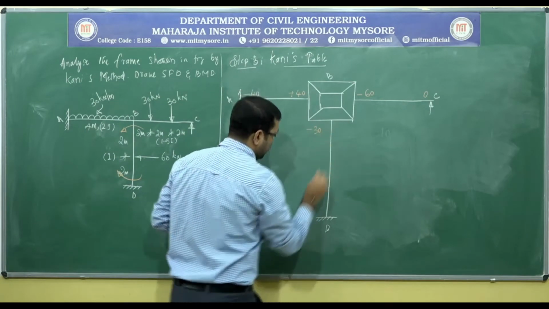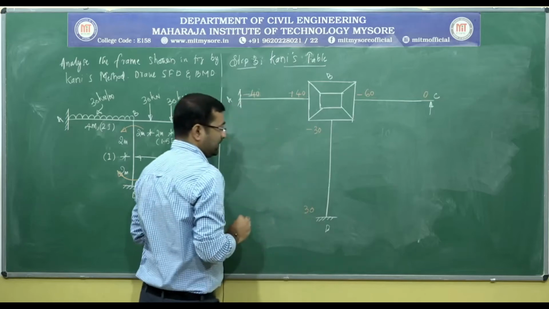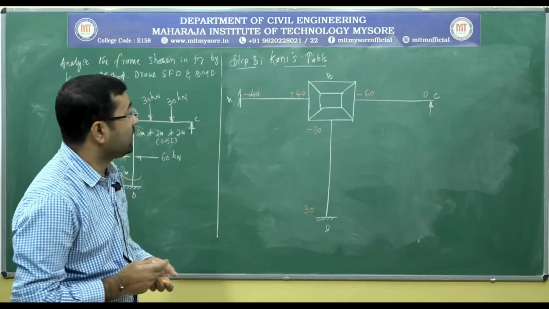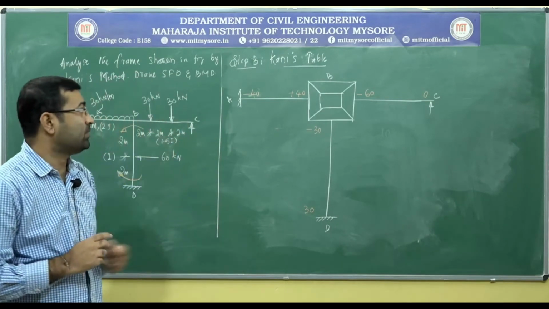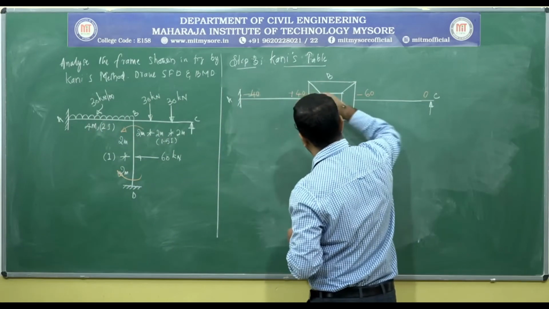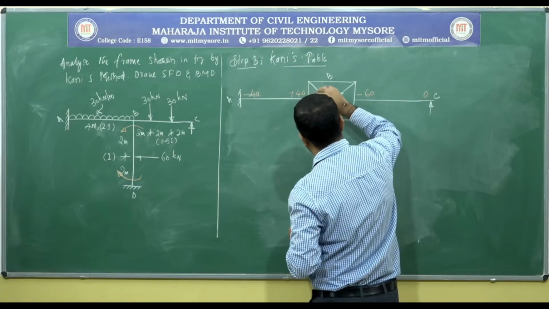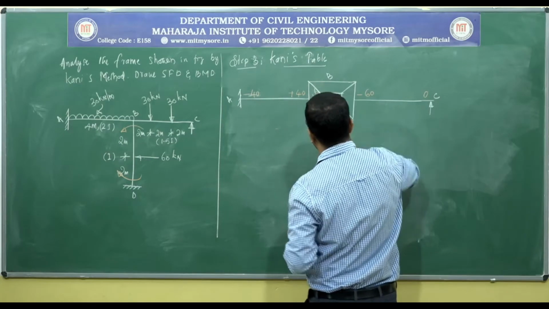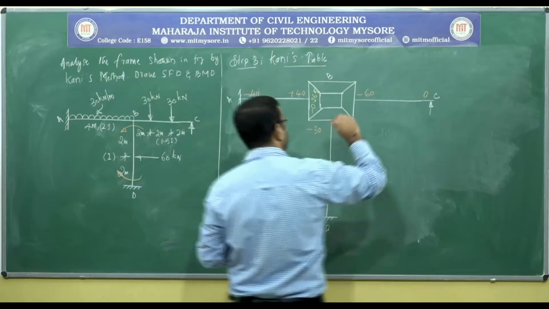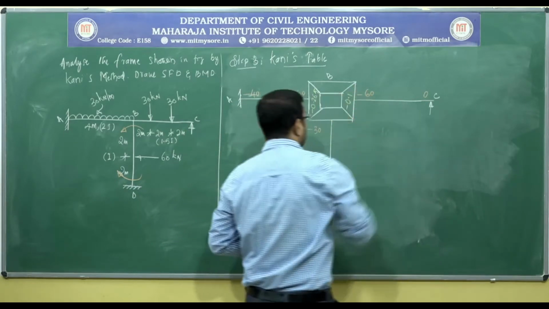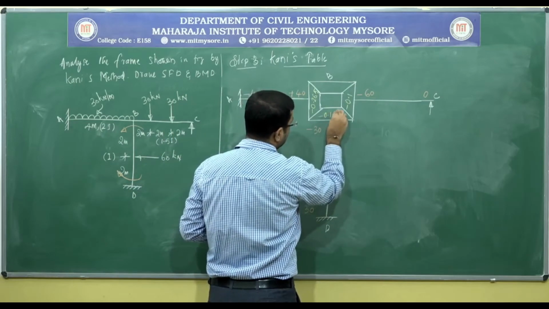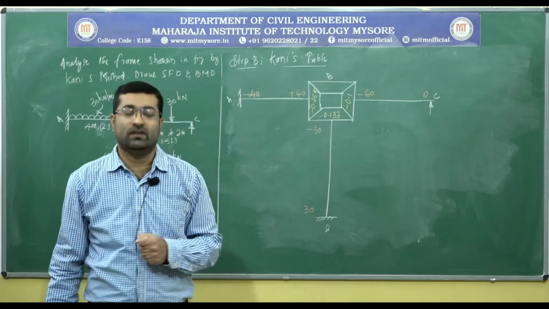Now apart from this, we have calculated the rotation factors in step number 2, so we need to write those rotation factors. The rotation factor for the BA member is minus 0.265, for the BC member I think it is minus 0.1, and for the BD member it is minus 0.133. These are the rotation factors.